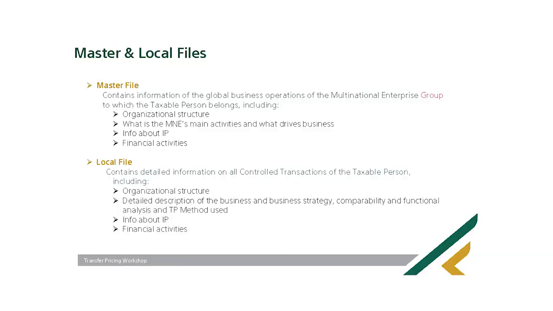And then the financial activities going on, and also what kind of loans you have within the group. Any transaction that you have with the KSA company needs to be described in the local file and clearly specified, along with the basis that this is arm's length. So if you have 3 different transactions with 3 different parties, you need to explain all of them and show that all of them are at arm's length.